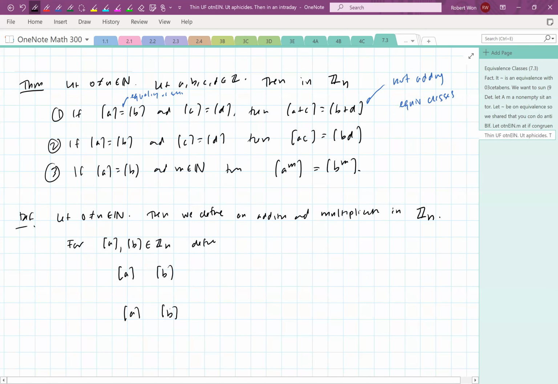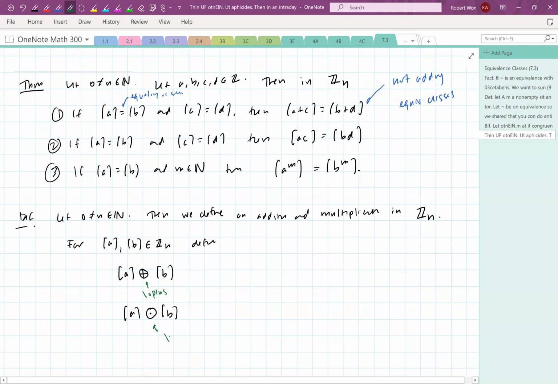Again, here I need to use new symbols because I don't want to confuse myself with the addition of integers, because A and B are two big sets. So I'm going to define addition of two equivalence classes, and I'm going to define multiplication of two equivalence classes. Okay, so I already said this, but this is O plus.